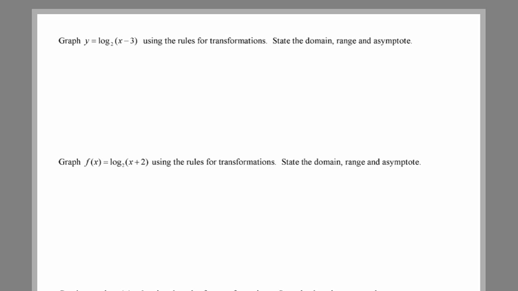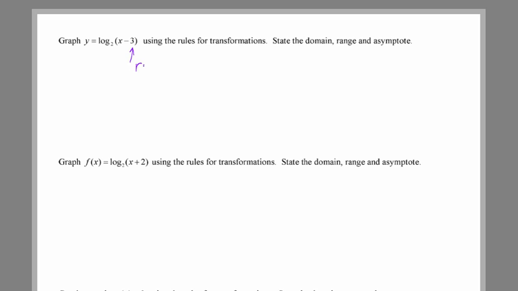So let's just state the domain, range, and asymptote for this logarithm. We know it's just a basic logarithm, but let's check out the shift. Inside the parentheses, I have an x minus 3, and whenever your value came inside the parentheses, that was a left or right shift.